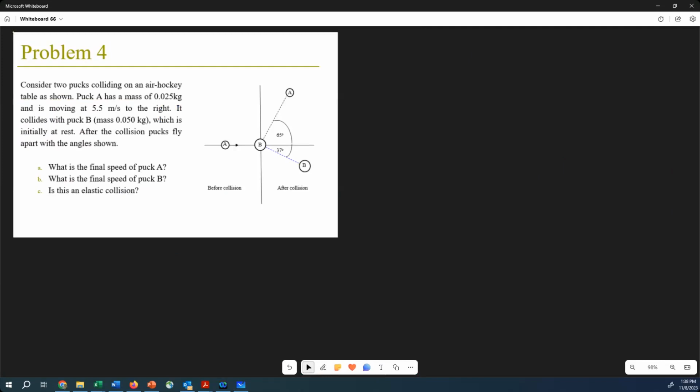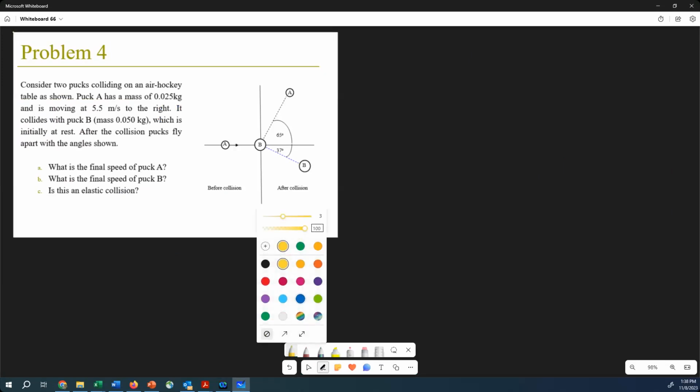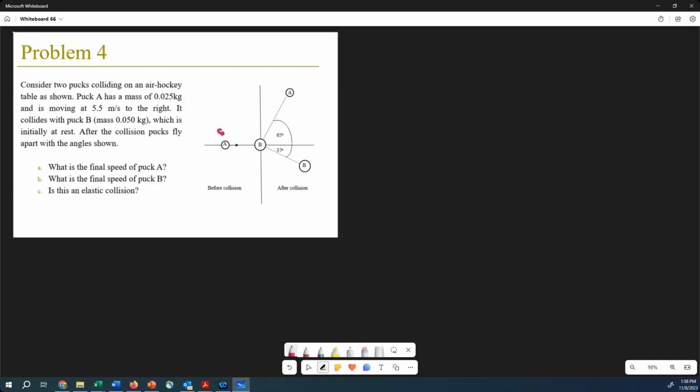Question number 4 is telling that consider two pucks colliding on an air hockey table. As shown, puck A has a mass of 0.025 and is moving with this velocity, 5 meter per second.